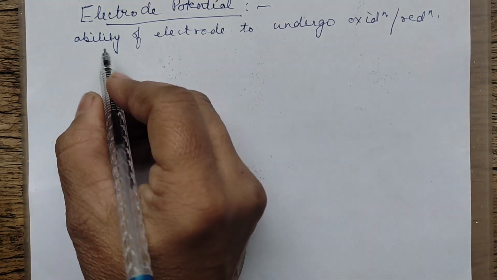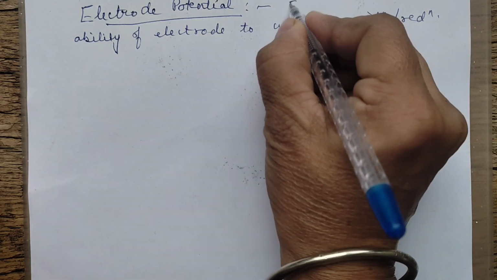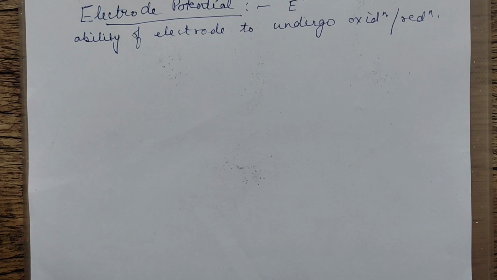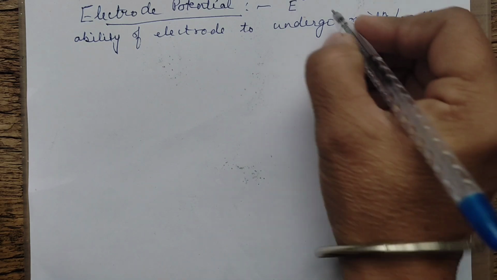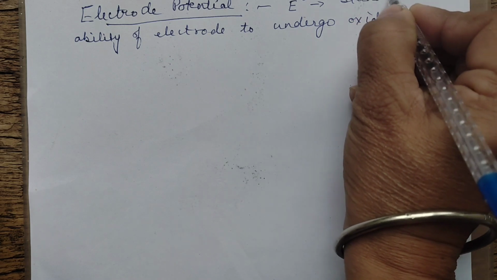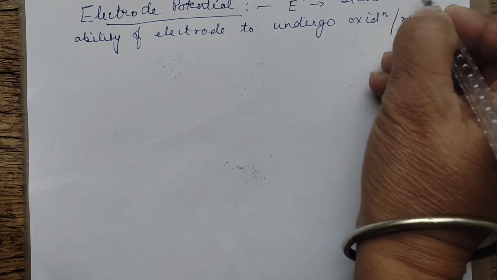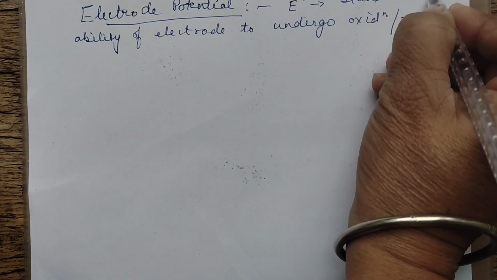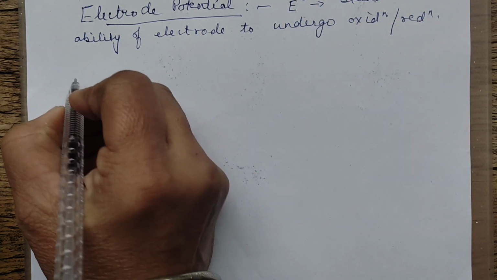Right? So this you represent as E. At times you'll also find it's given as E naught. If it is given as E naught, it is referred to as standard electrode potential. Now what is the standard electrode potential?